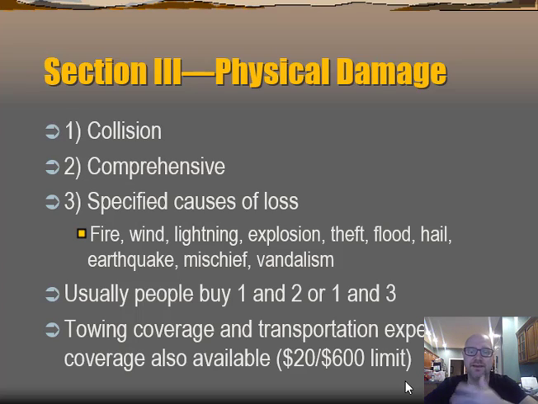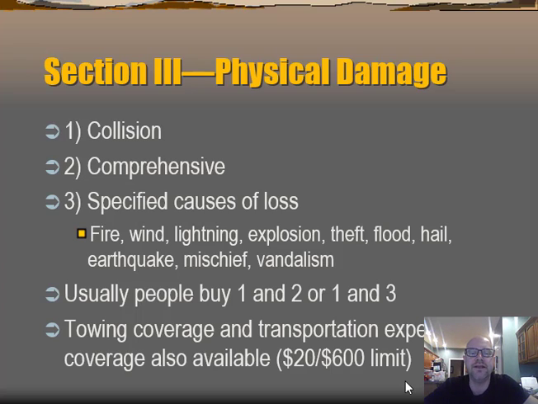So fire, wind, lightning, explosion, theft, flood, hail, earthquake, mischief, and vandalism. Those are the covered causes of loss if you go with this third type of restricted comprehensive coverage. You can do that if you want. And again, usually you're either buying both or you're buying neither. So 1 and 2 or 1 and 3 or none of them at all.